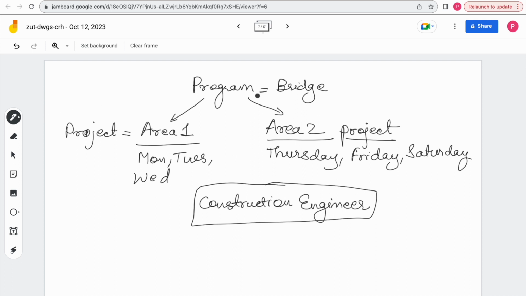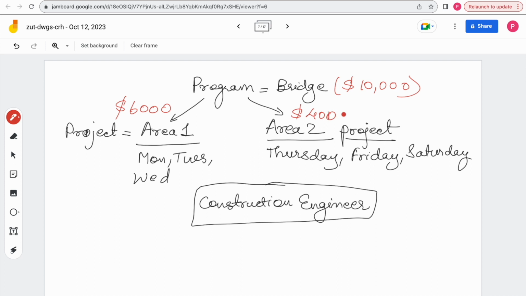If there is a fund allocation, let's say in area 1 the bridge has more length. So let's say the program manager gets a fund of $10,000 for this bridge. Okay, so he will allocate $6,000 to this project and $4,000 to this project.